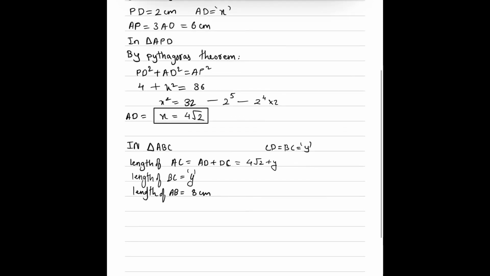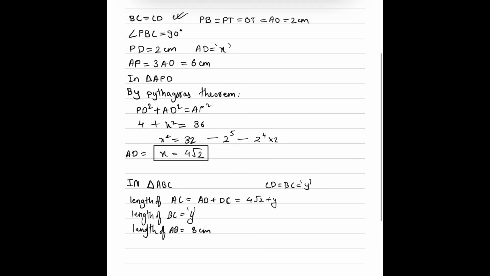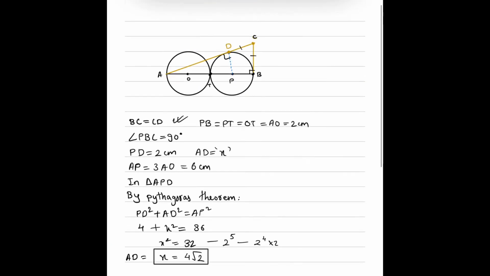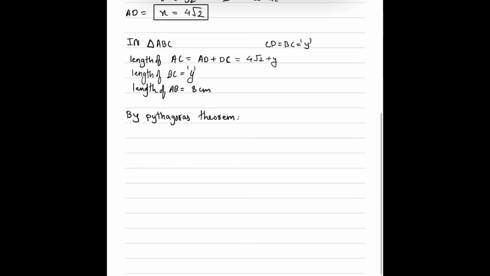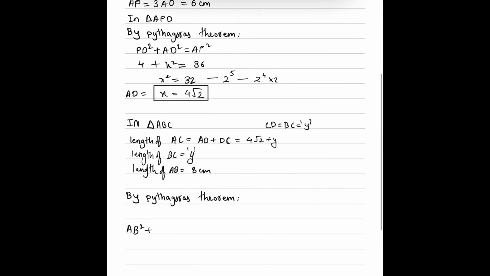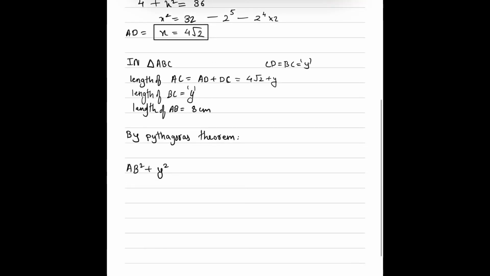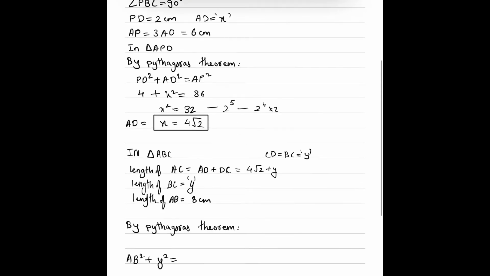Now, by Pythagoras theorem over here as well, we can say that AB square plus Y square, meaning BC square, is equal to AC square.